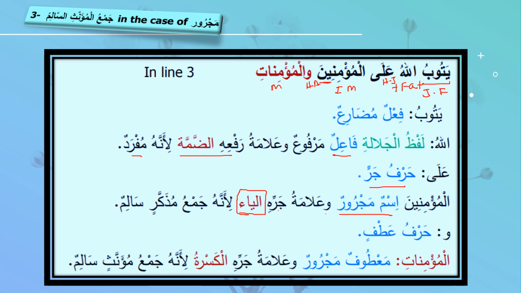And now you give your reasons why there is a ya in the mu'minin, because it's Jama Muzakkar Salim. Atf, then you have after atf the ma'tuf, and that ma'tuf is in majroor position. Why is it in majroor position? Because it follows the noun previous before the waw atf. Wa alamatu jarrihi al kasra. Now this is in jar position with kasra. Why? Because it's the jama muannas salim. لأنه جمع مؤنث salim.